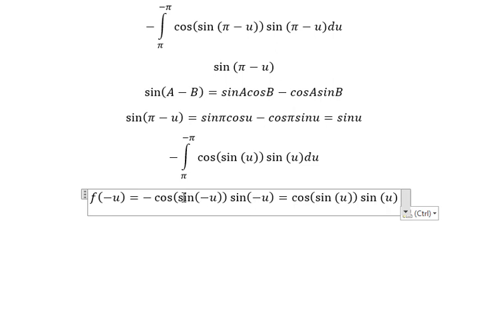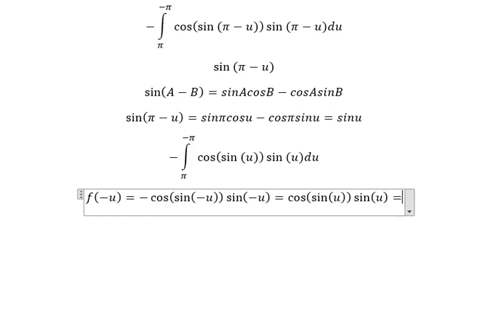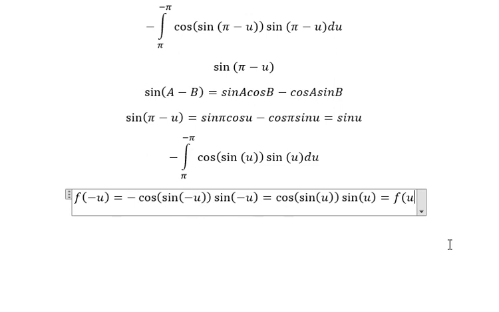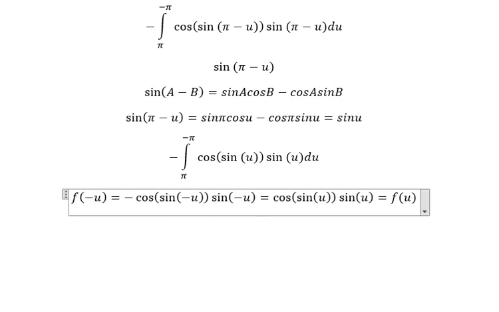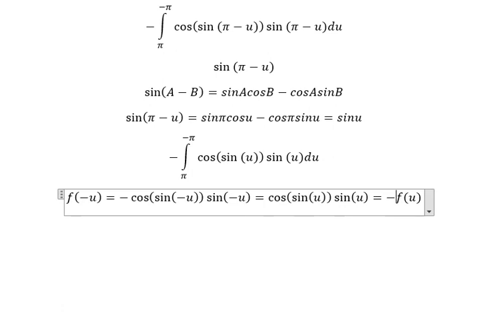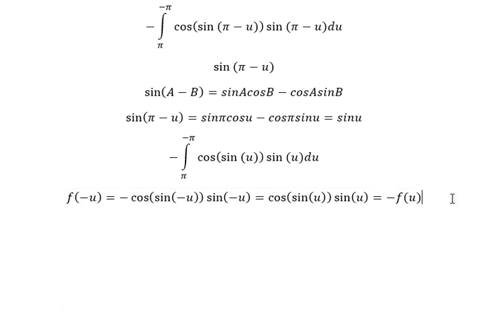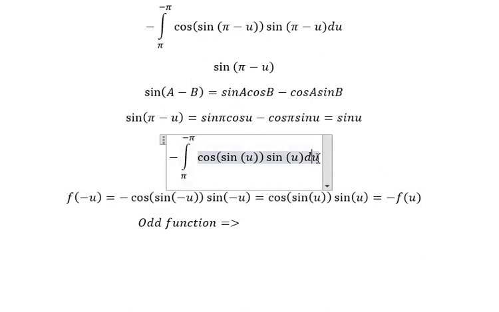Sine of negative u gives negative sine u, because cosine changes to positive. Now we get something like this, and that should be equal to negative f of u. In this situation we can say that it is an odd function. We have π and negative π here, and we can say this one equals 0.